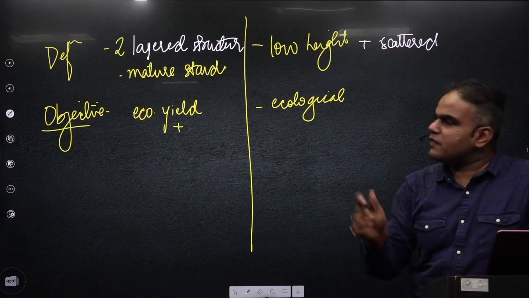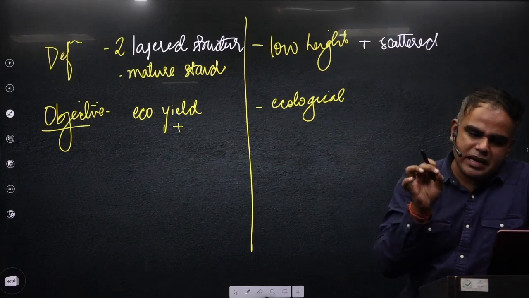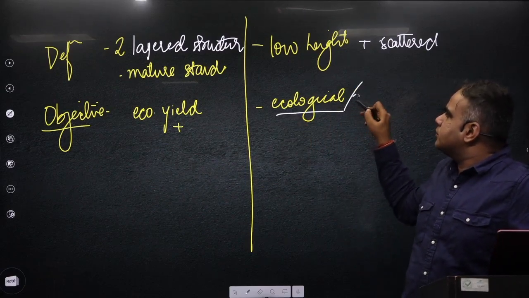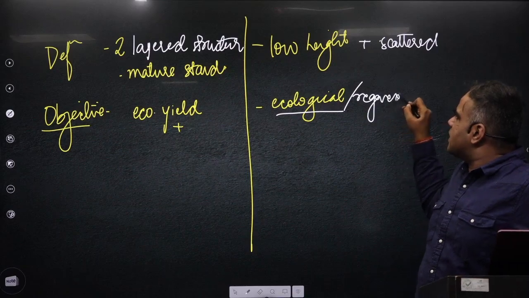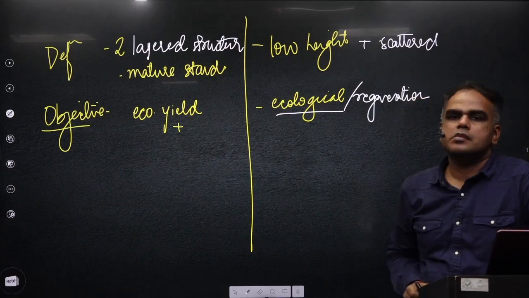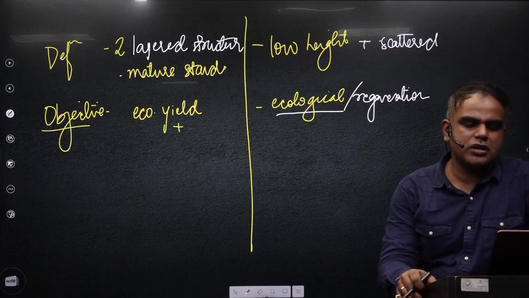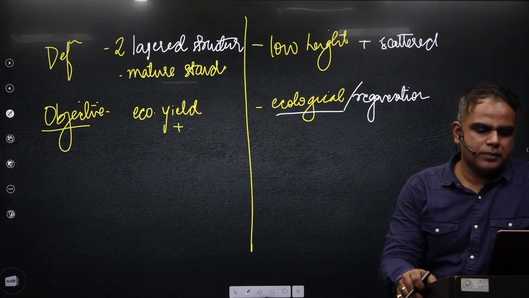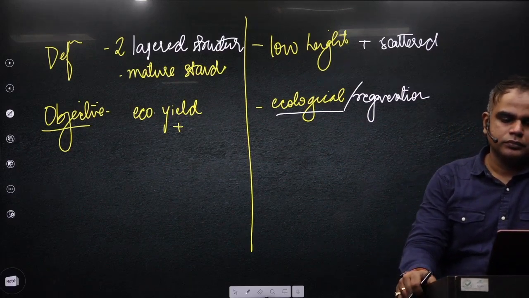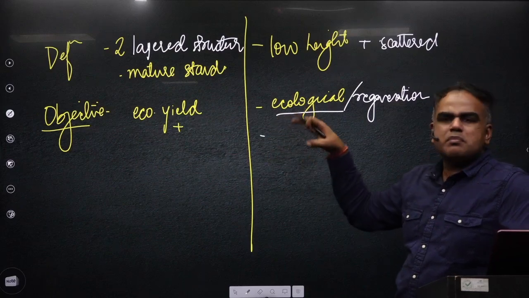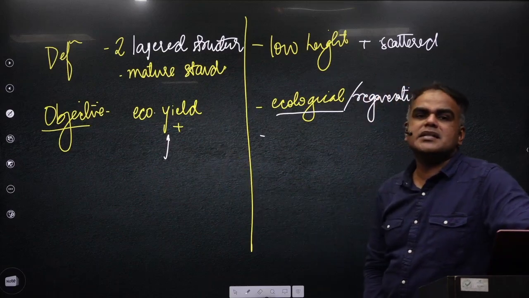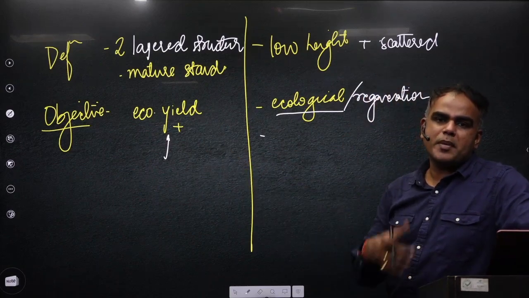Here, in one line, reserves are typically smaller, left for ecological or regeneration purposes. Now these reserves are not much managed. Here they are managed for maximization of yield, for proper harvest.